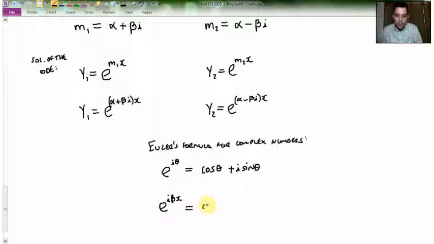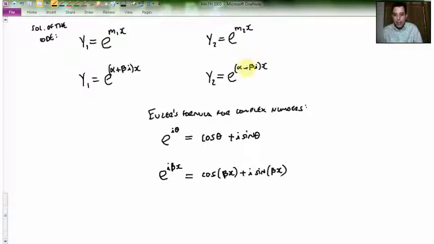So according to this it would be cosine of beta x plus i sine beta x. And if we have the negative, let's put that in here. This will be cosine negative beta x plus i sine negative beta x.